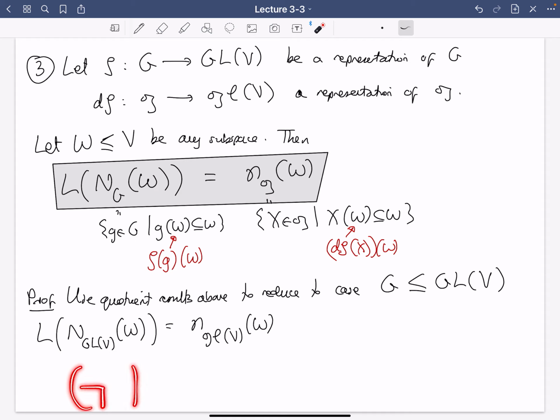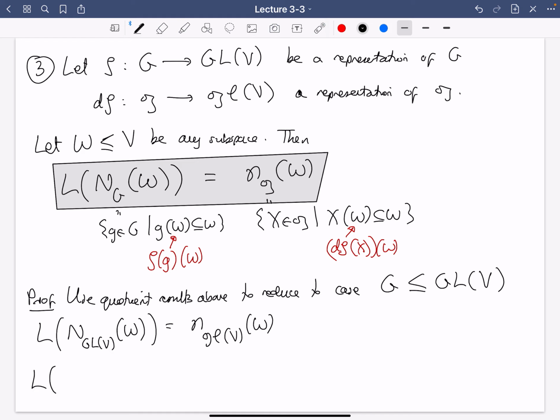You end up getting matrices of this form, where this is your basis for W. So that's the group normalizer, and it's very easy. Similarly, the normalizer in the Lie algebra has the same form, and so you see that the Lie algebra of the group normalizer is the Lie algebra normalizer in the case of the general linear group. That's a triviality.